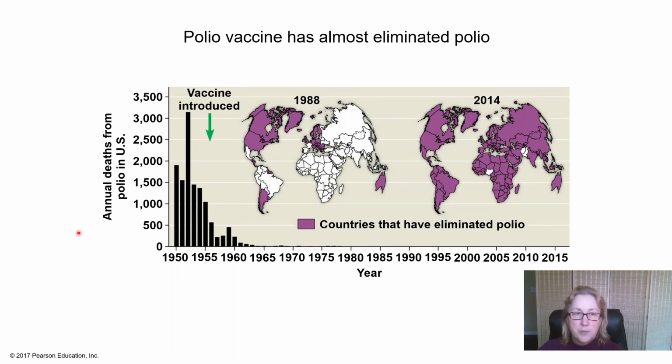Polio has almost been eliminated. Here we have several graphs superimposed. So let's look at this. On the y-axis here, we have deaths from polio in the United States, and then years down at the bottom.